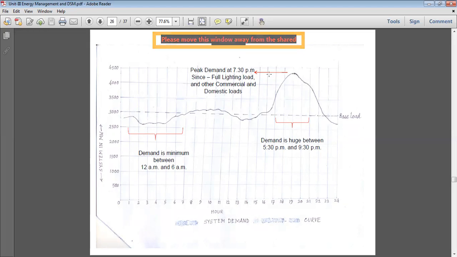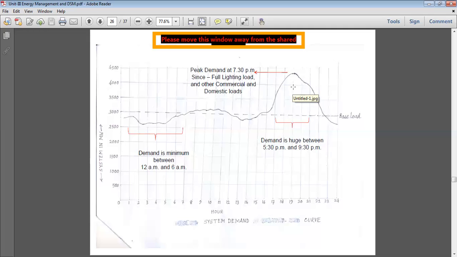Its peak demand is nearly 4300 megawatt, and it is going to occur only for 4 or 5 hours, whereas the rest of the load is constant.